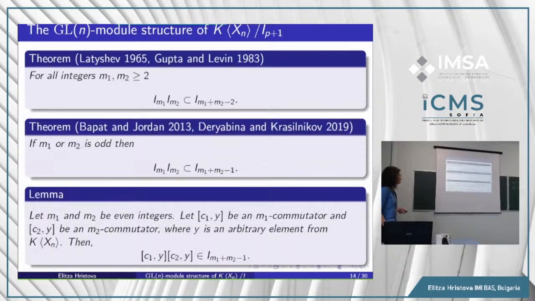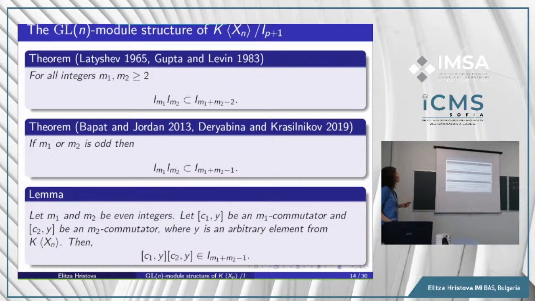And for such bounds, we can use theorems on products of commutators. Here I have listed the results that are important, and of course they can be iterated for many products. I have not given iterated versions because these are enough. If we take two ideals generated by long commutators, the interesting fact is that if we multiply these ideals, the result will land in another ideal generated by long commutators.